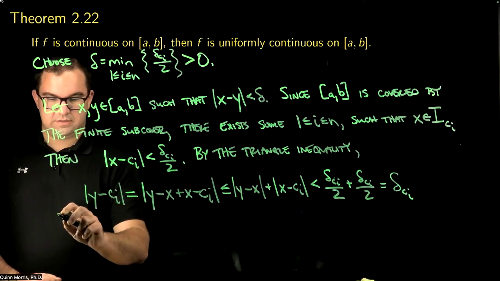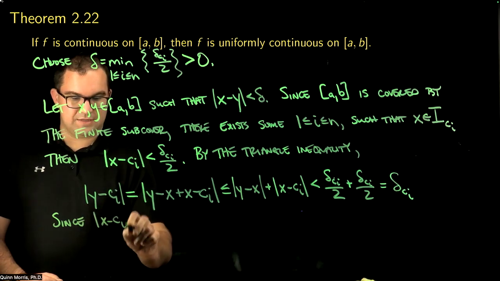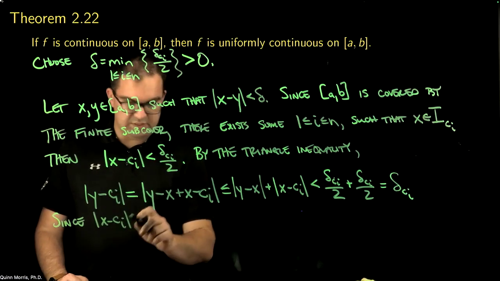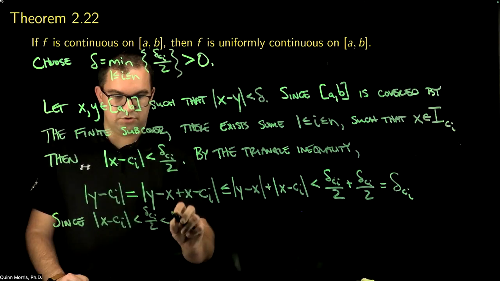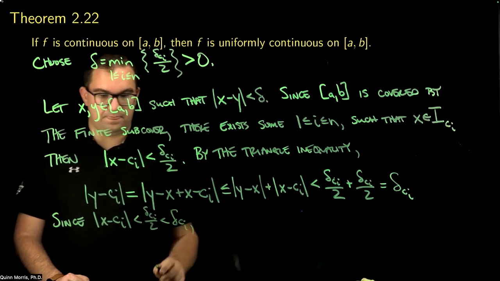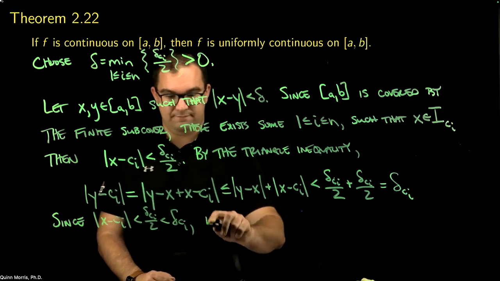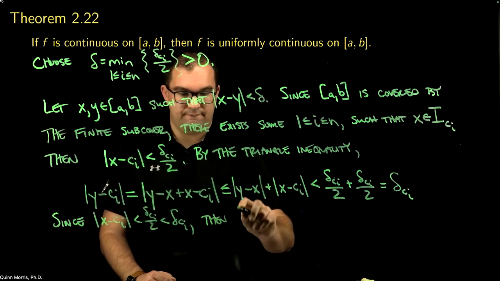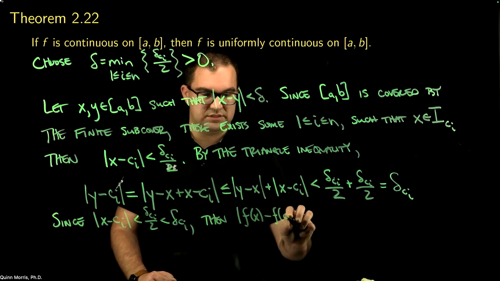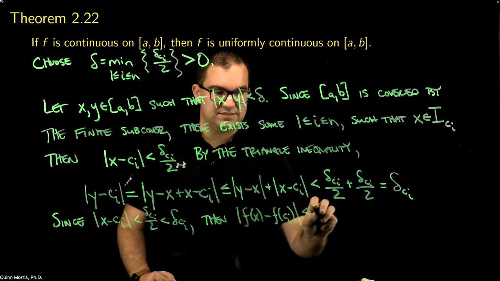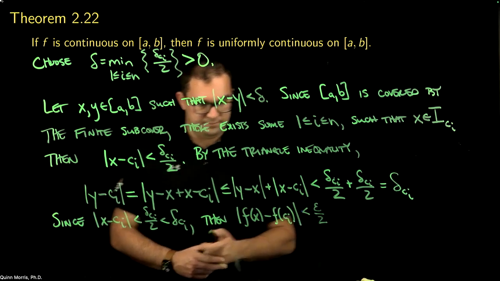So I'm going to start with the x minus ci. Since this is strictly less than delta ci over 2, which is certainly less than delta ci, then by the continuity of the function at ci, f of x minus f of ci must be less than, remember we defined those deltas so that it was less than epsilon over 2.